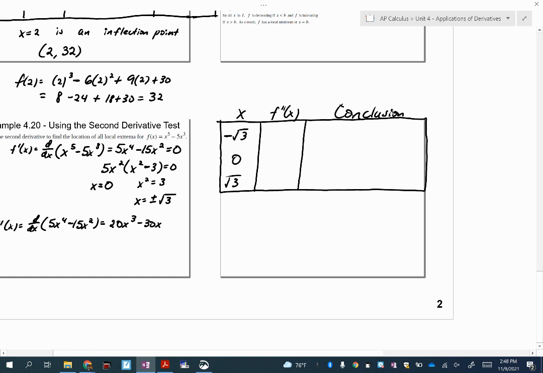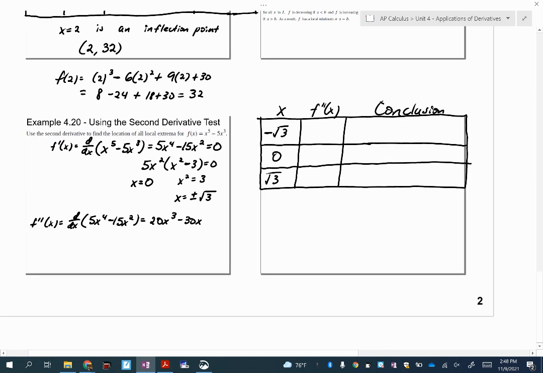So I'm going to go to Desmos and make a table for this second derivative, and I can figure out what kind of extrema, if any, I have at these critical points.